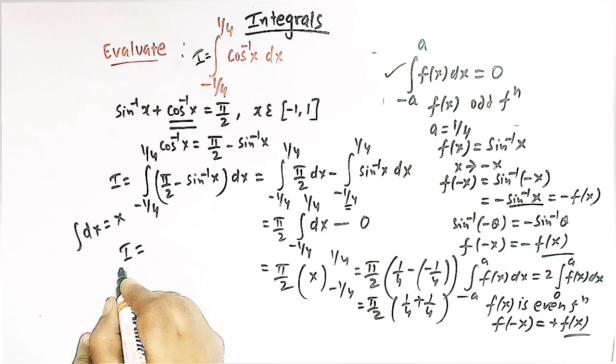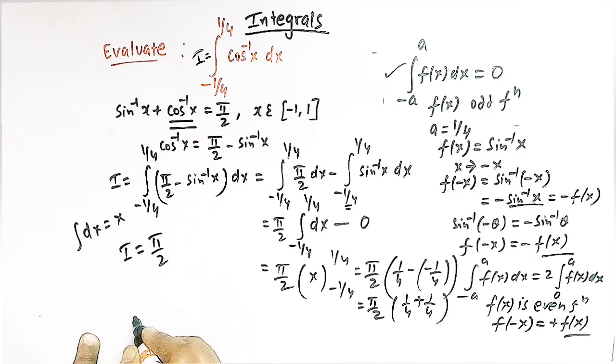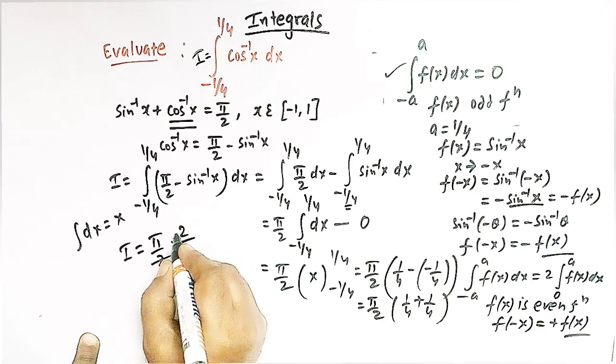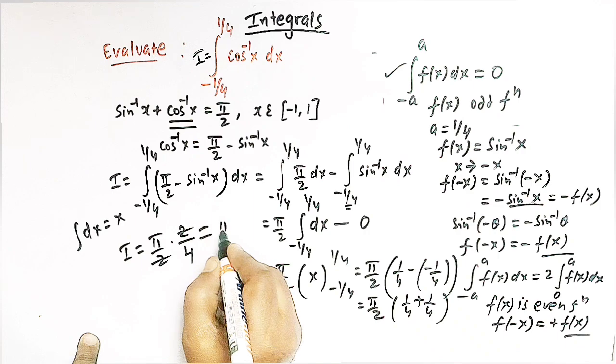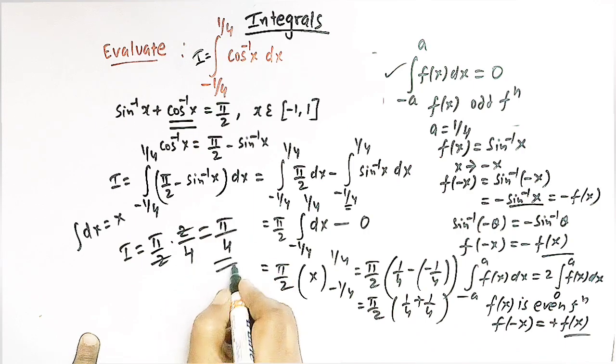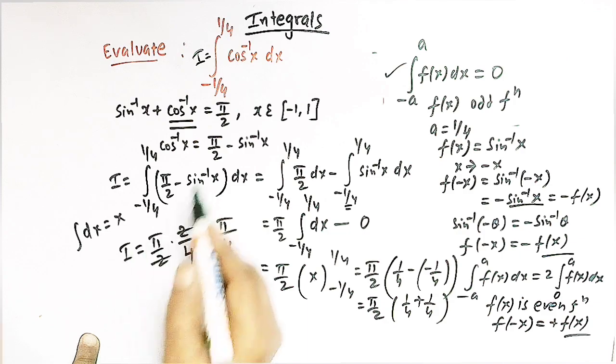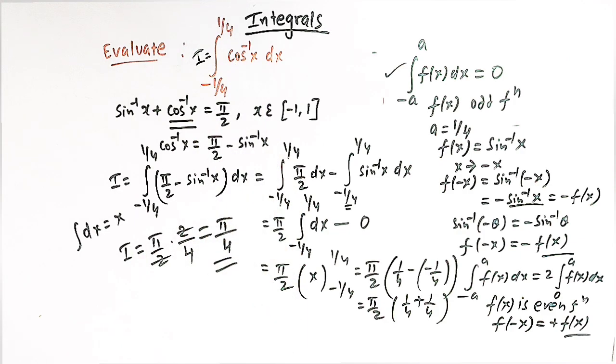The value of I is pi by 2 times 2 over 4. So 2 and 2 get cancelled, and we are left with pi by 4. So the value of this integral I is equal to pi by 4.